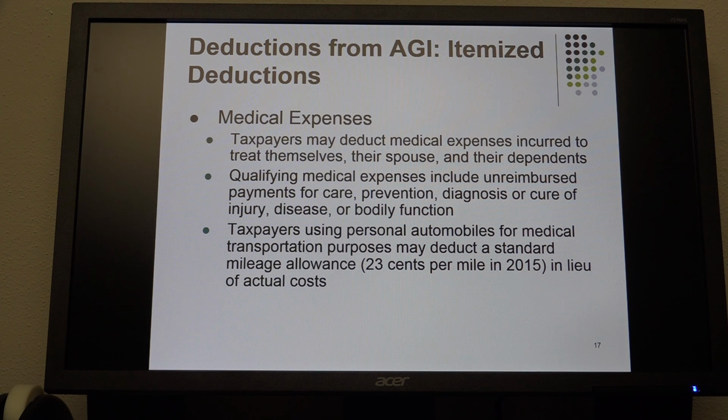Certainly that's covered as well. We'll talk a little bit more about that in a minute. And health insurance premiums, as long as that premium wasn't previously deducted for AGI by a self-employed taxpayer.